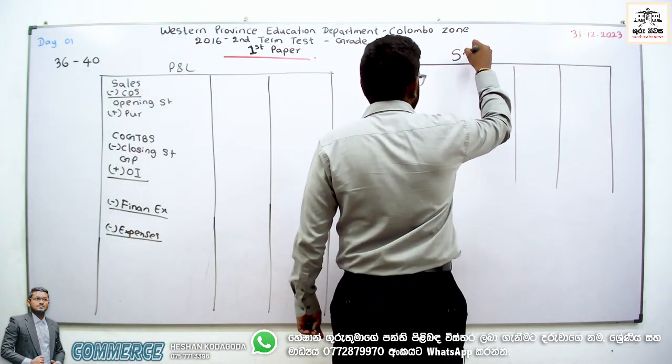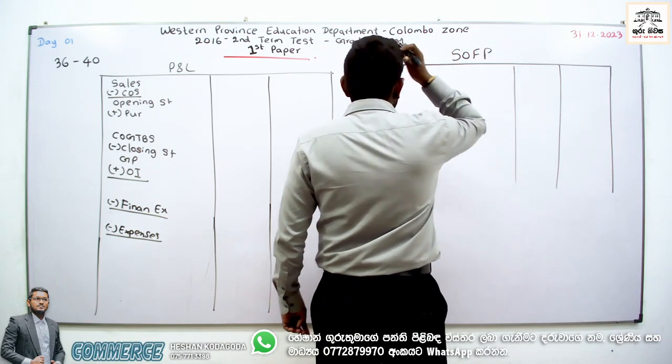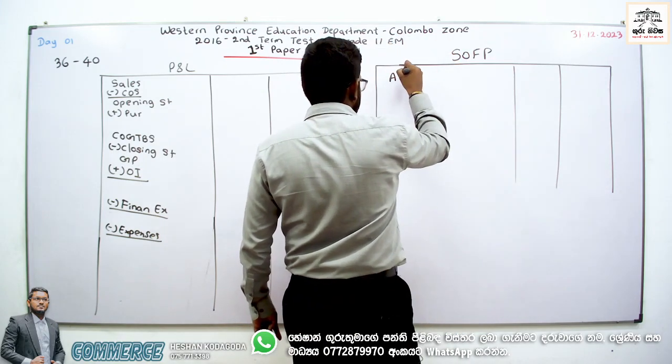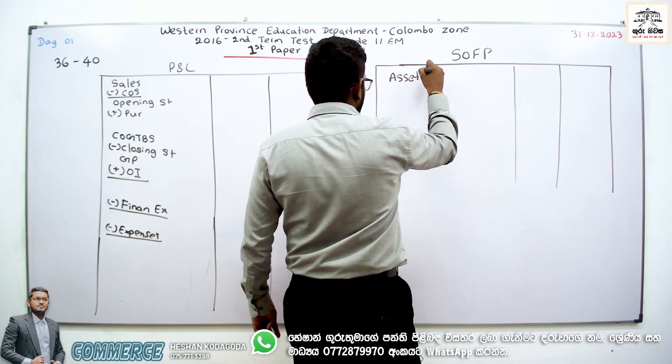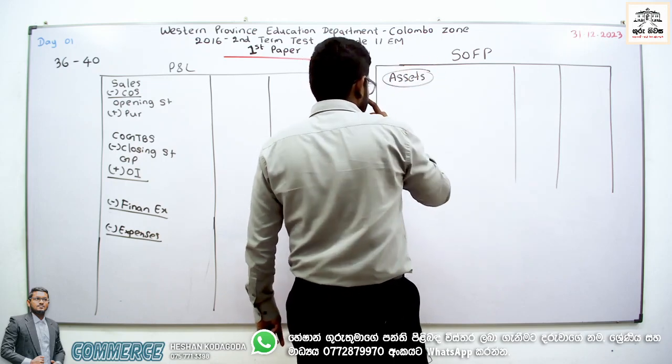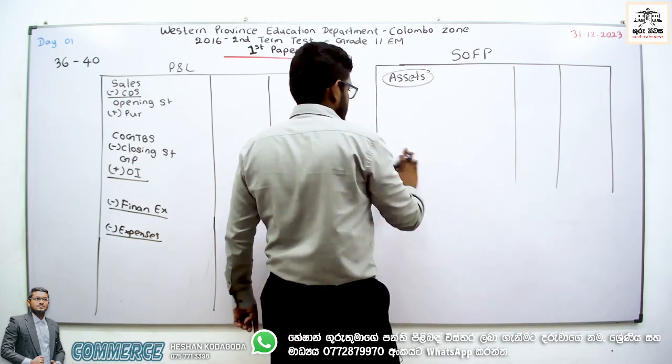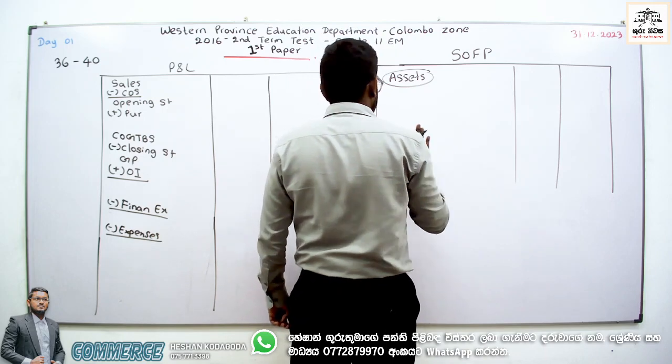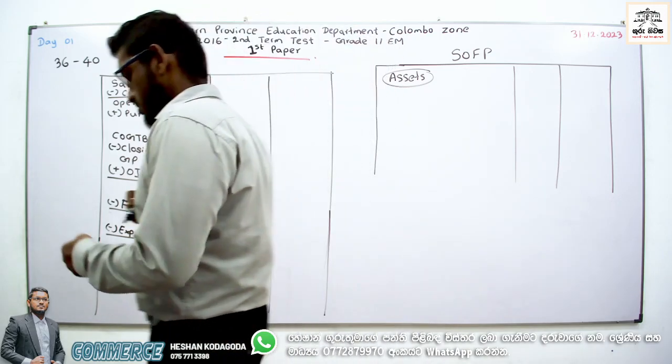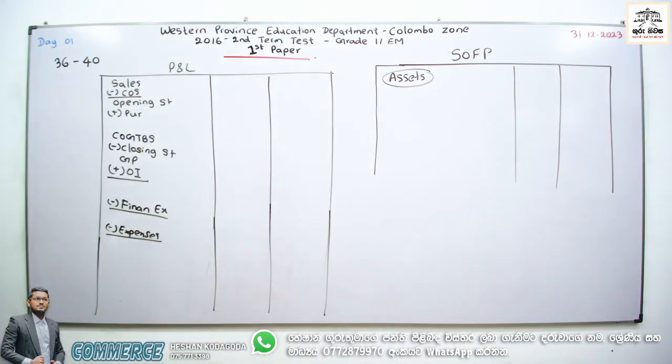This is the SOFP. You can write assets, and under assets you need to identify debtors as a separate item because they are asking about debtors. Let's start from the additional information. Quickly draw the structure and raise your hands, then I can start the calculation.